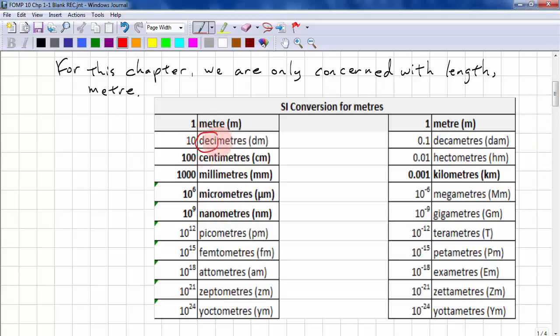We want to notice the prefix. The prefix is the same for any metric unit, so it applies to grams and to liters, although you're unlikely to find measurements this small for volume.